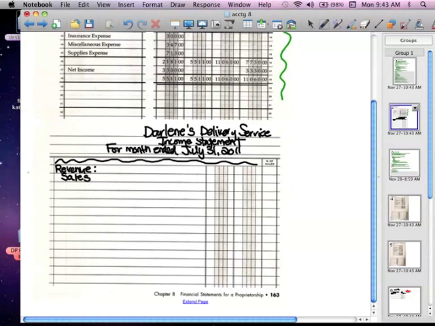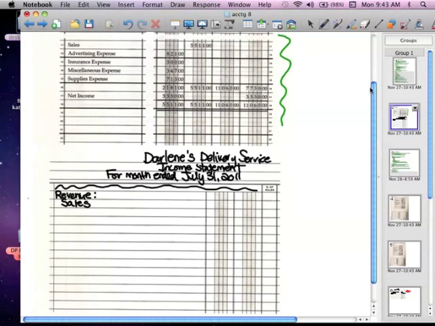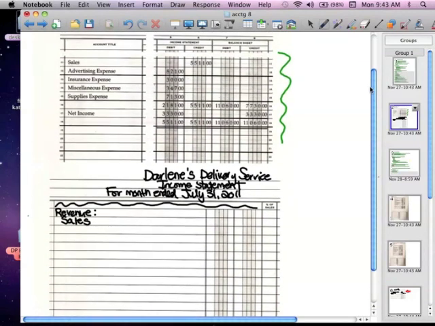Now we're going to look up above and find out what our sales were. There's our sales. Now, I'm telling you for the first time, these columns, there's two of them, they are not thought of as debit and credit, which is going to be a little bit different for you.